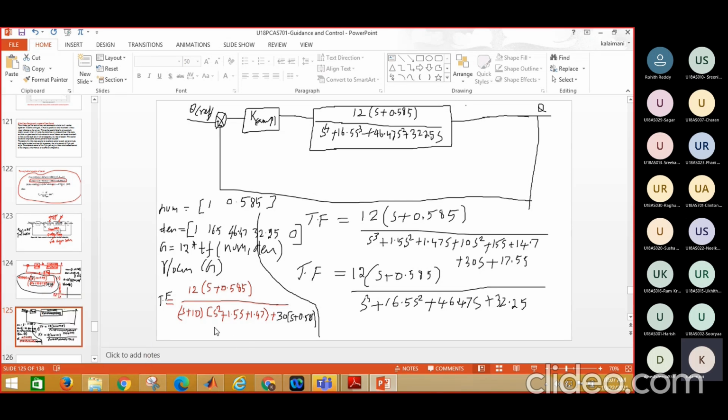We will get 10 s square, then we will get 1.5 s square, and here 1.5 s square, here 10 s square is there, so we will get 11.5 s square.